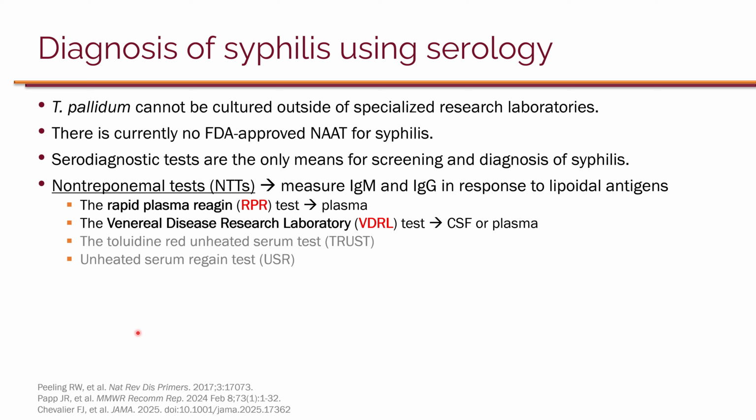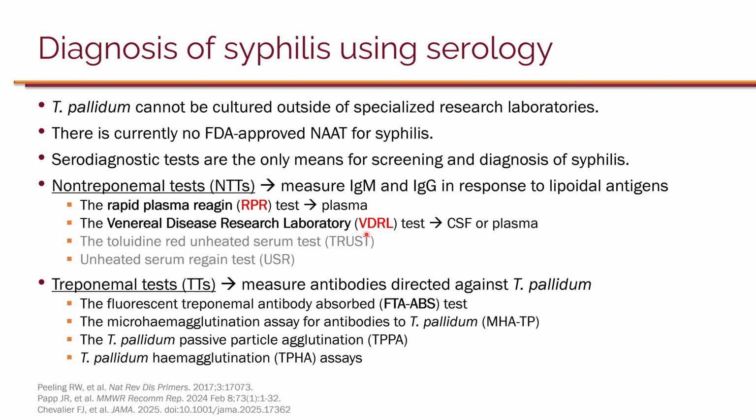And the ones that are commonly used in the US are the RPR, or rapid plasma reagin, which is essentially used on plasma samples, and there is also the VDRL test, which is used on CSF or plasma samples, but most commonly on CSF for diagnosis of neurosyphilis. And that's Venereal Disease Research Laboratory, the name of this test.